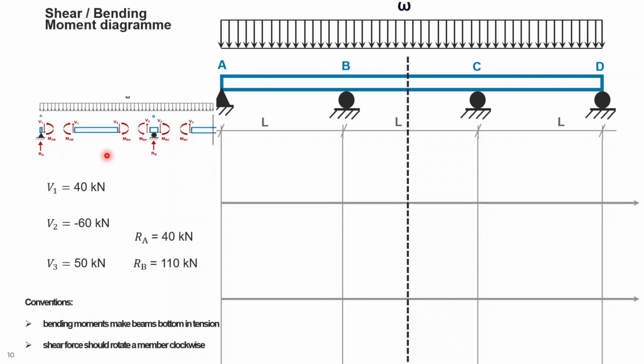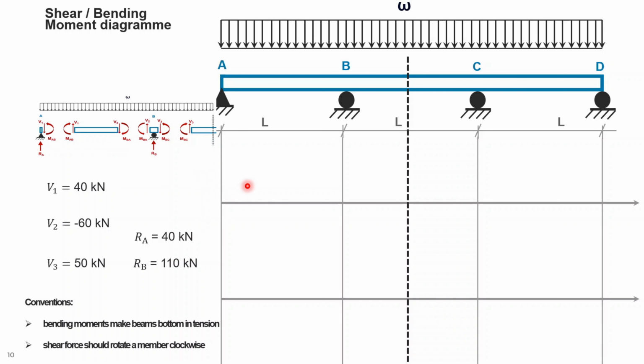So the convention for the shear forces is the same as the slope deflection convention. However, the bending moment convention is a little bit different. The bending moment convention for the slope deflection was clockwise. However, here it is different. The bending moment should make the bottom of the beam in tension. So you should be careful about that.